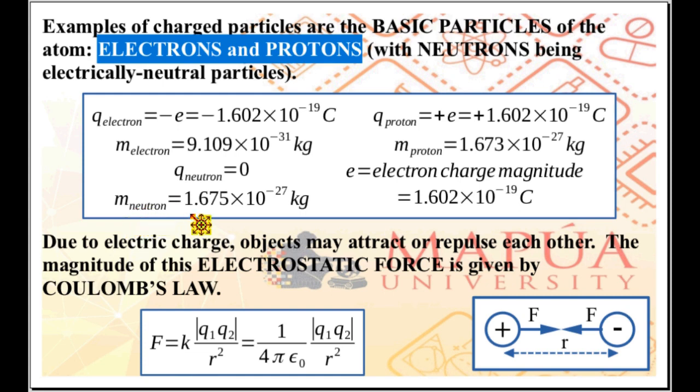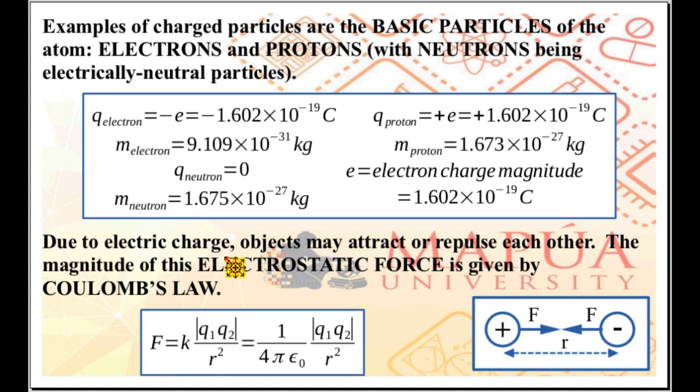M neutron is equal to 1.675 times 10 to the negative 27 kilograms. And M proton is equal to 1.673 times 10 to the negative 27 kilograms. Please take note of these values of the charges and masses of the basic particles that make up the atom.